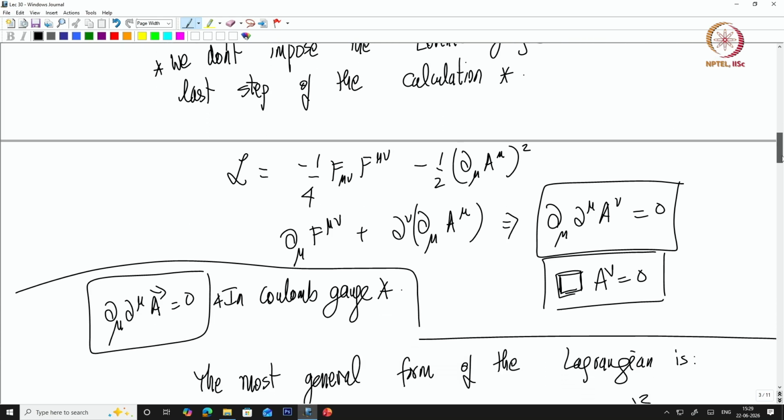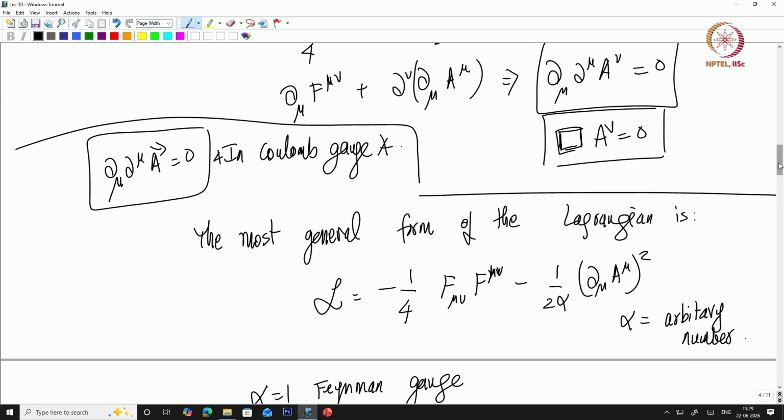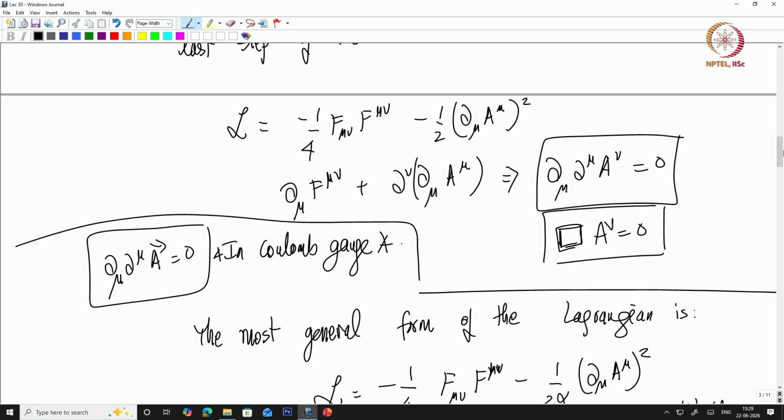What we did was modify the action by adding a term. In general we can add 1 by 2 alpha (del mu A mu) whole squared, but we chose alpha equal to 1, and this gives the modified equation of motion, box A mu equal to 0.